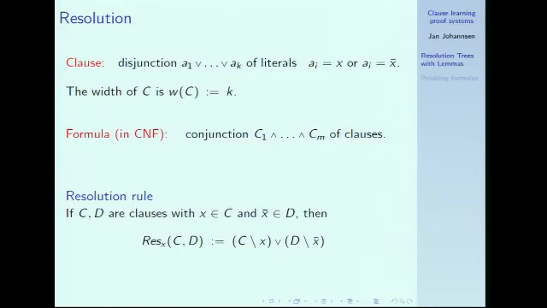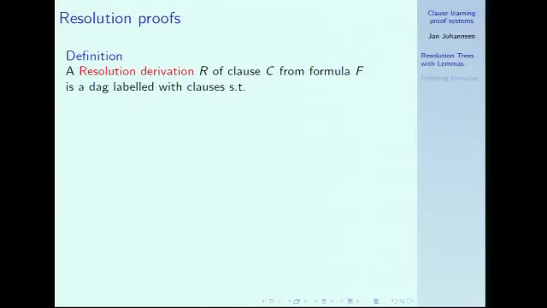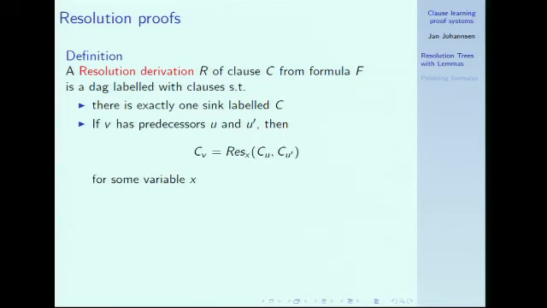A resolution derivation of a clause from a formula is a DAG labeled with clauses, which has exactly one sink, labeled with the clause that is being derived. If a vertex has two predecessors, then it is labeled with the resolvent of the labels of its predecessors. And every source node is labeled with one clause from the formula.